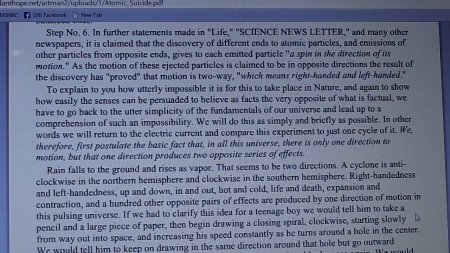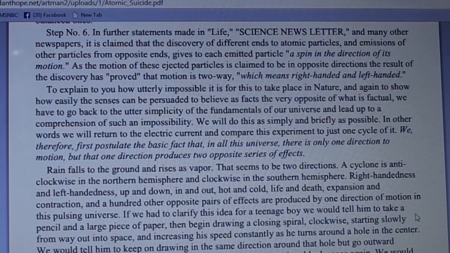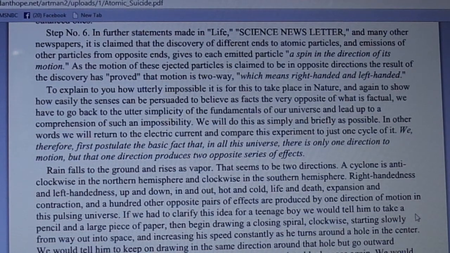A cyclone is anti-clockwise in the northern hemisphere and clockwise in the southern hemisphere. Right-handedness and left-handedness, up and down, in and out, hot and cold, life and death, expansion and contraction, and 100 other opposite pairs of effects are produced by one direction of motion in this pulsing universe.